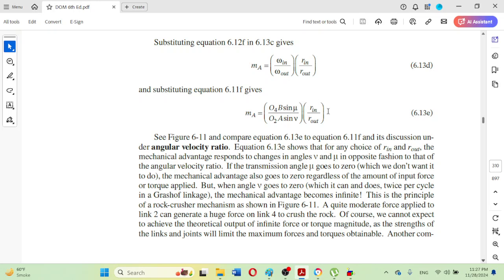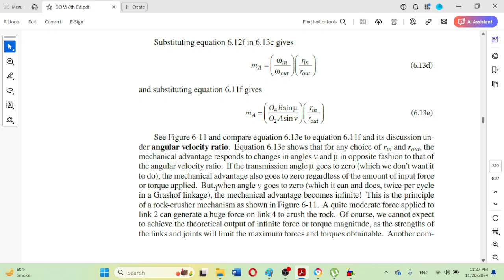The denominator was 0, so the angular velocity ratio, or omega 4, was infinity or undefined. So 1 over undefined or infinity means 0. So the mechanical advantage also goes to 0 regardless of the amount of the input force or torque applied.